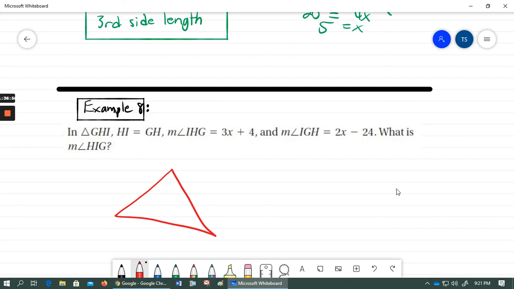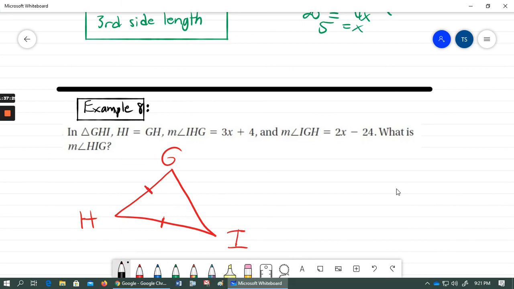Anyway, in triangle GHI, it doesn't matter where you put the G, the H, or the I, as long as you make sure you label all 3 vertices, G, H, and I. Okay, so it says that the length HI is equal to the length of GH.